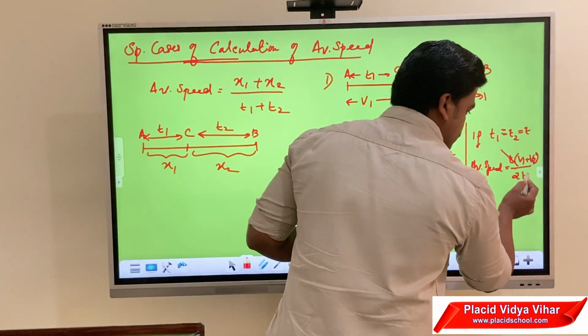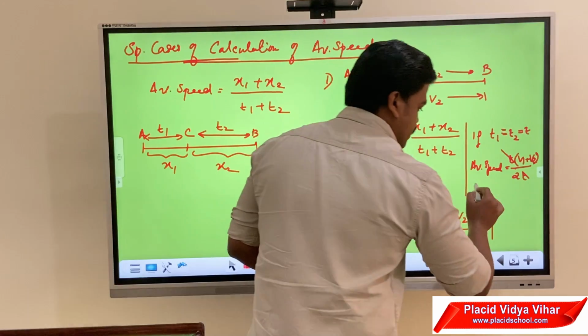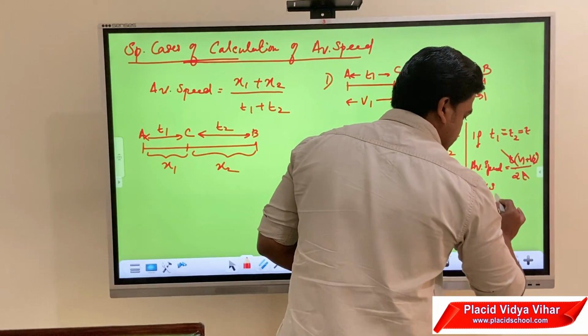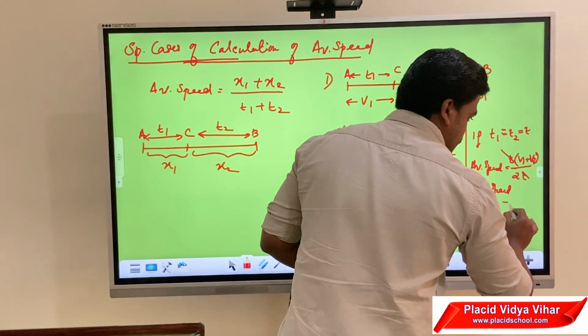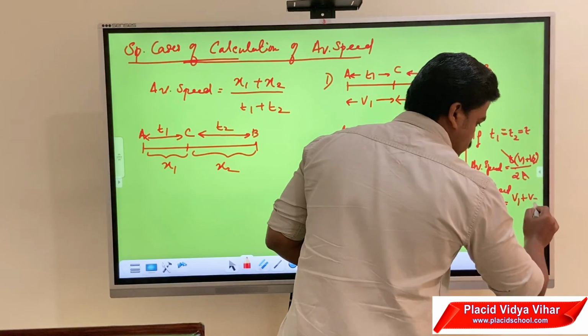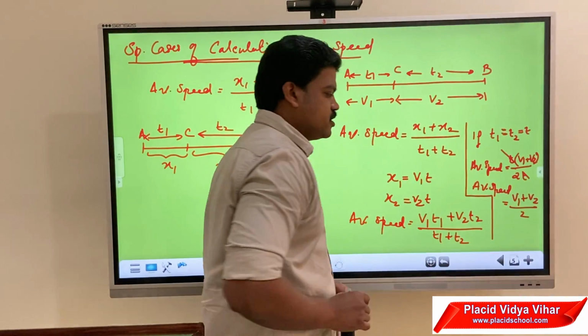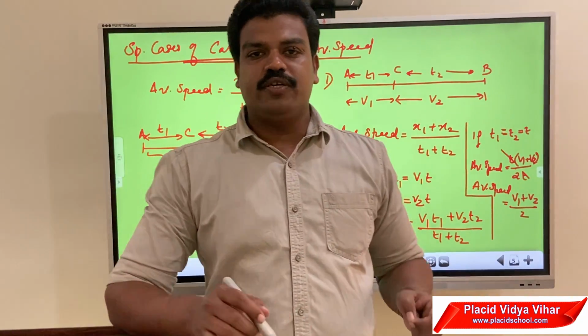We can cancel t and t and we get the average speed is equal to v1 plus v2 by 2.